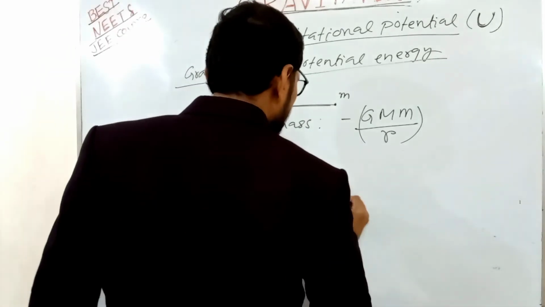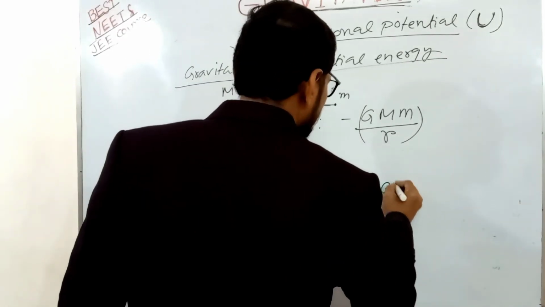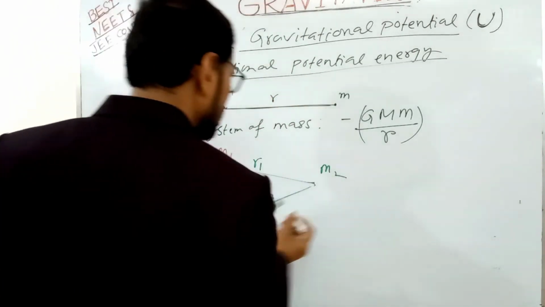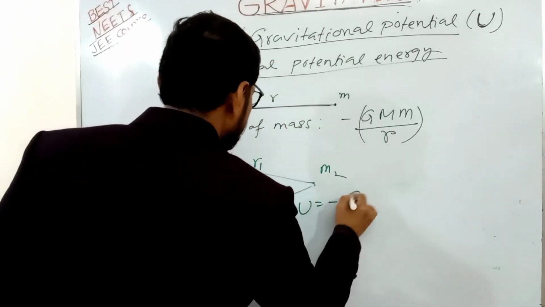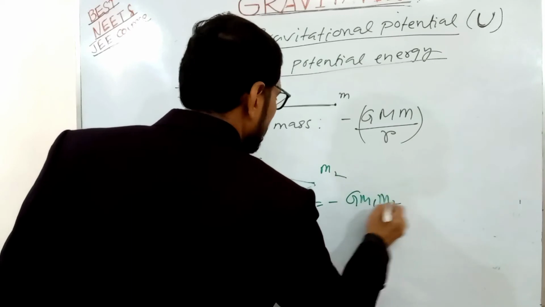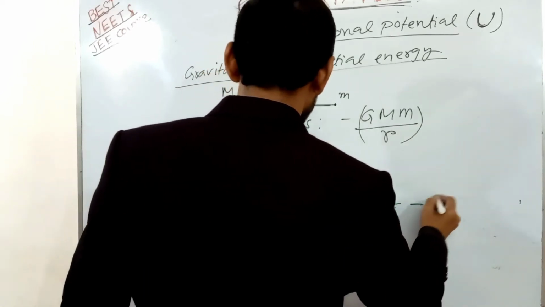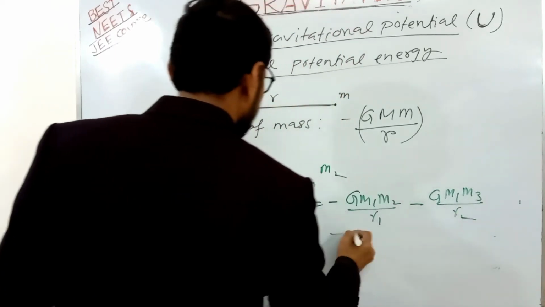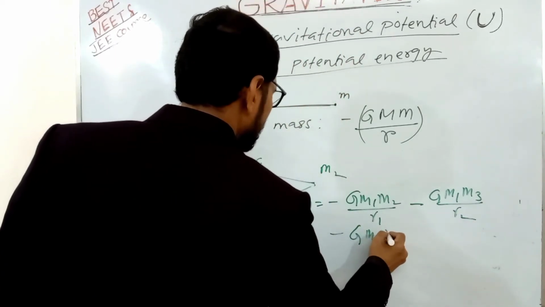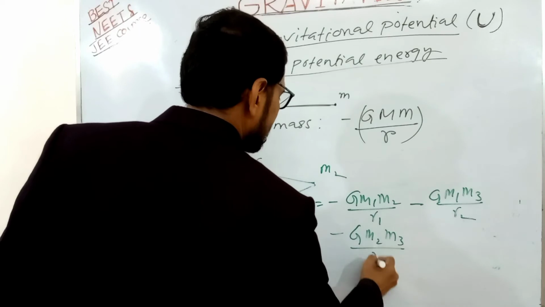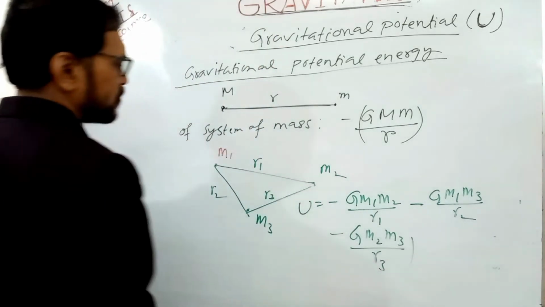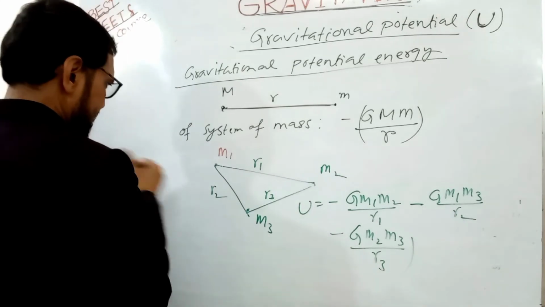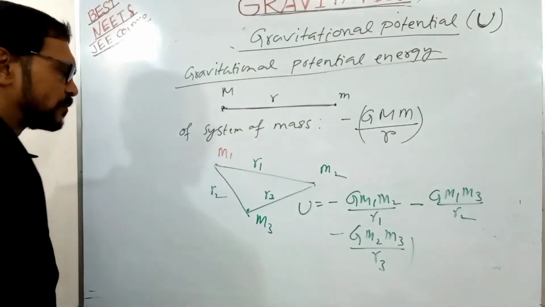Then the gravitational potential energy will be U equal to minus G m1 m2 by r1 minus G m1 m3 by r2 minus G m2 m3 by r3. So this is the answer, that is the product of every pair of masses by their distance. So this is the result for the three mass system.